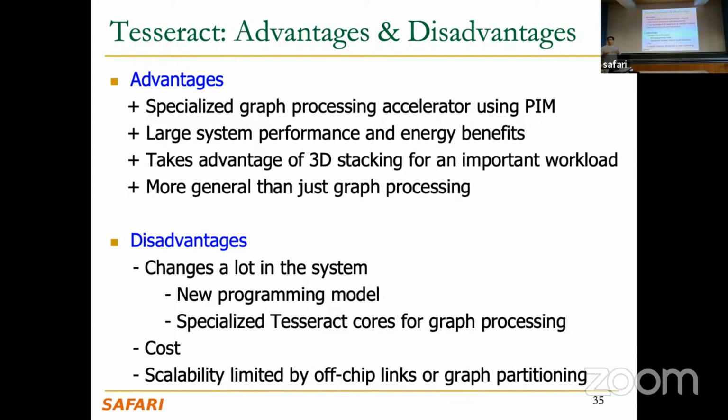If the graph is very regular and one particular core needs to send these remote function calls to many other cores in the accelerator, the smaller bandwidth of the off-chip links will end up limiting the scalability.